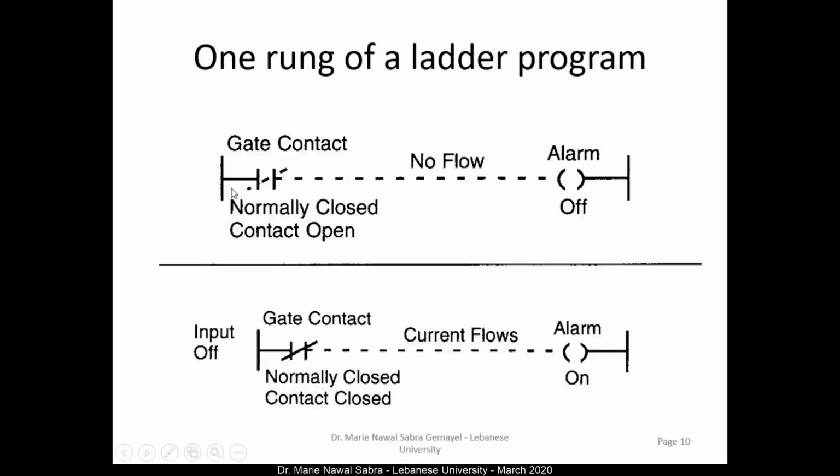This is a normally closed contact connected to an output, which we call here an alarm. The contact is open because it has current on it. Once the input is off, the normally closed contact will close and the alarm will turn on.